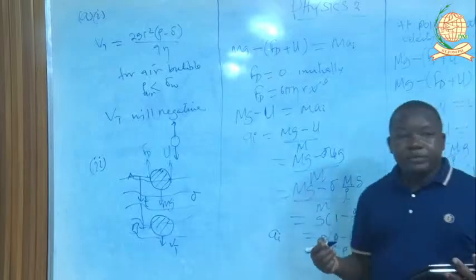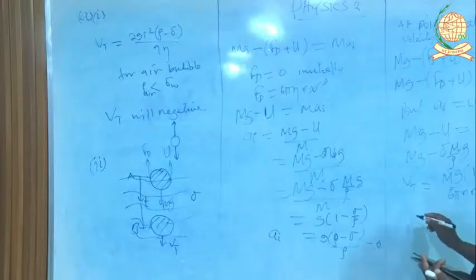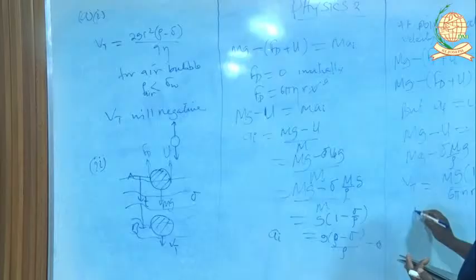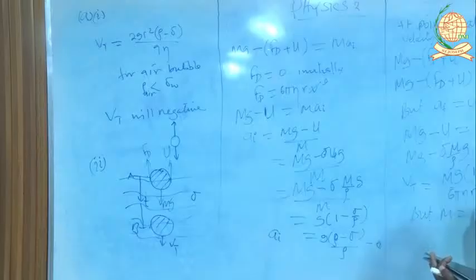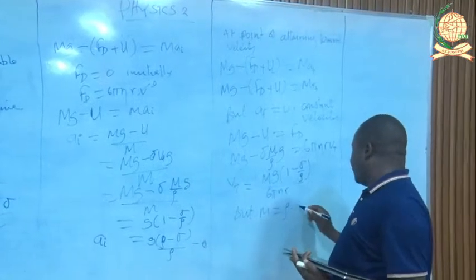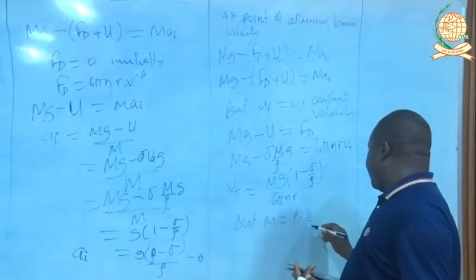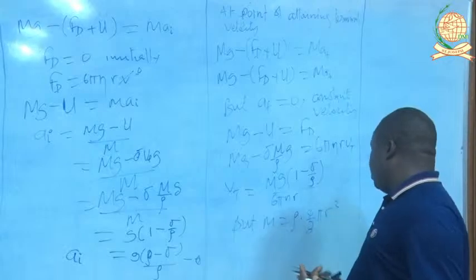So again, we don't have the mass. So the mass in this case equals density times volume. What is the volume of a sphere? It is 4 over 3 pi r cube.